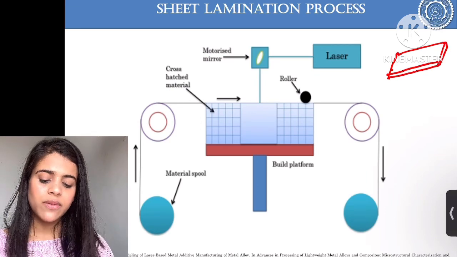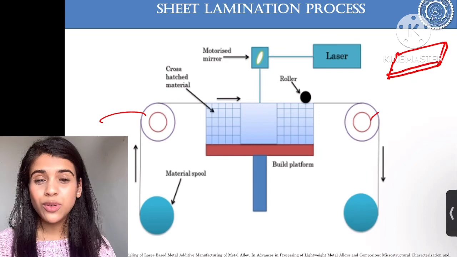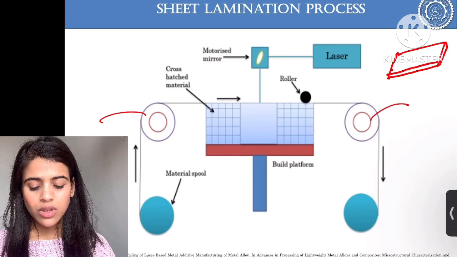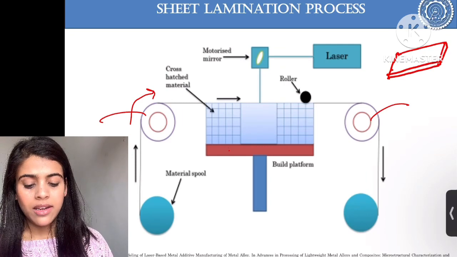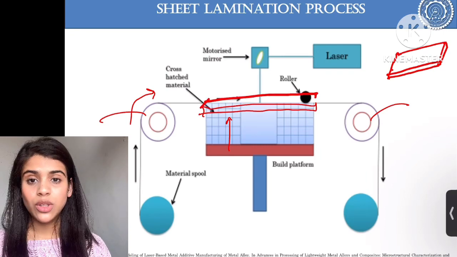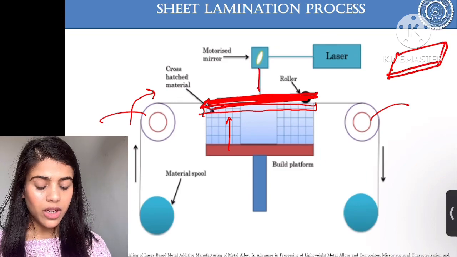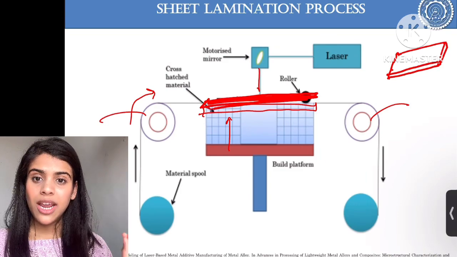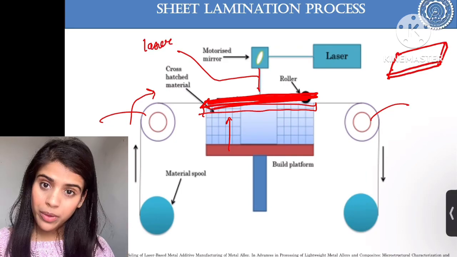So the sheets will come using these rollers. These rollers are again used for tension, to make a uniform tension over the whole sheet. The sheet will come. The laser light will be exposed. Now this laser light is used to cut the sheet according to the desired shape and geometry of the object that we are going to print.